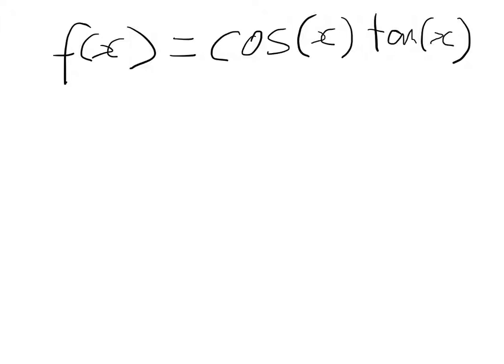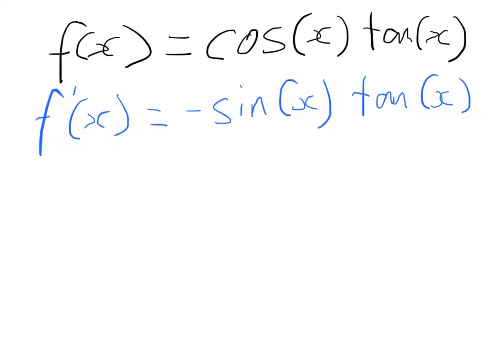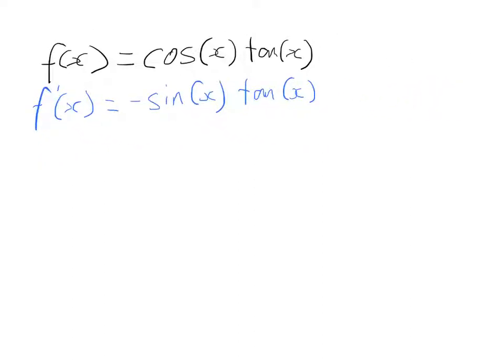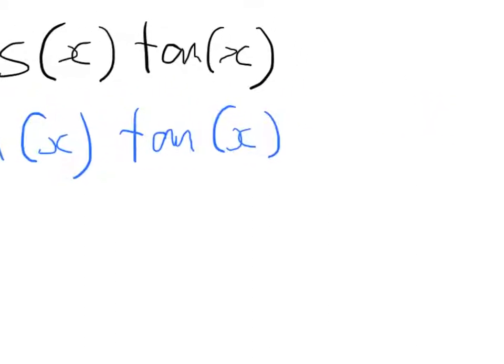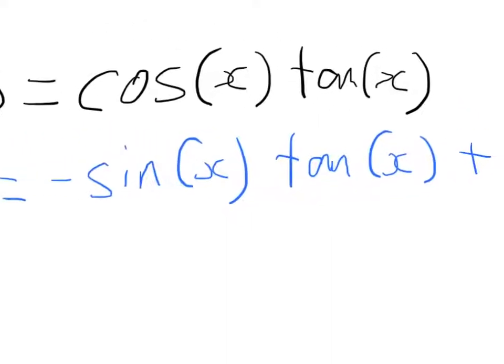So f dash of x equals negative sine of x times tan of x, plus, now we differentiate tan of x to get sec squared of x, times cos of x.